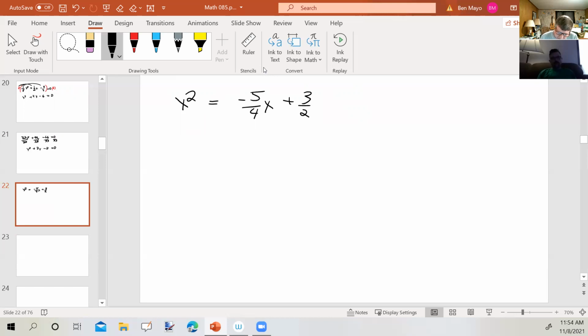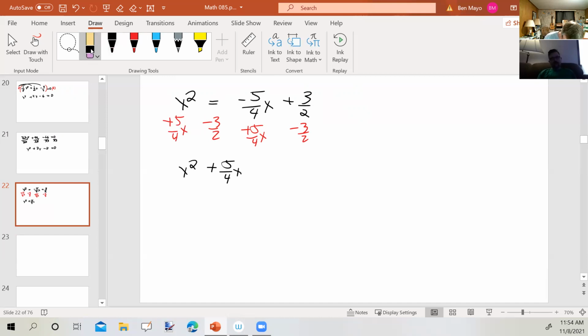Okay, I'm going to put this thing in standard form. So I'm going to add 5/4 x to both sides. I'm going to subtract 3/2 from both sides. So I'm going to get x squared plus 5/4 x minus 3/2 equals 0.